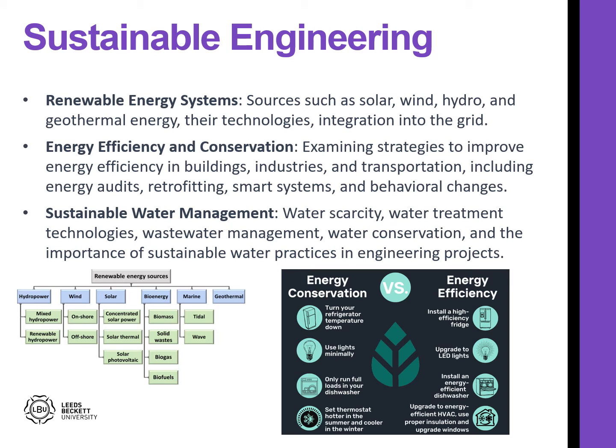Energy efficiency and conservation: we're going to examine strategies to improve energy efficiency in buildings. We see, going into new buildings now, or even old buildings, they are graded to see how energy efficient they are. And so are household products now. When you buy a washing machine, they're graded. So it's important to industries and transportation as well, how we look at all of that, including energy audits.